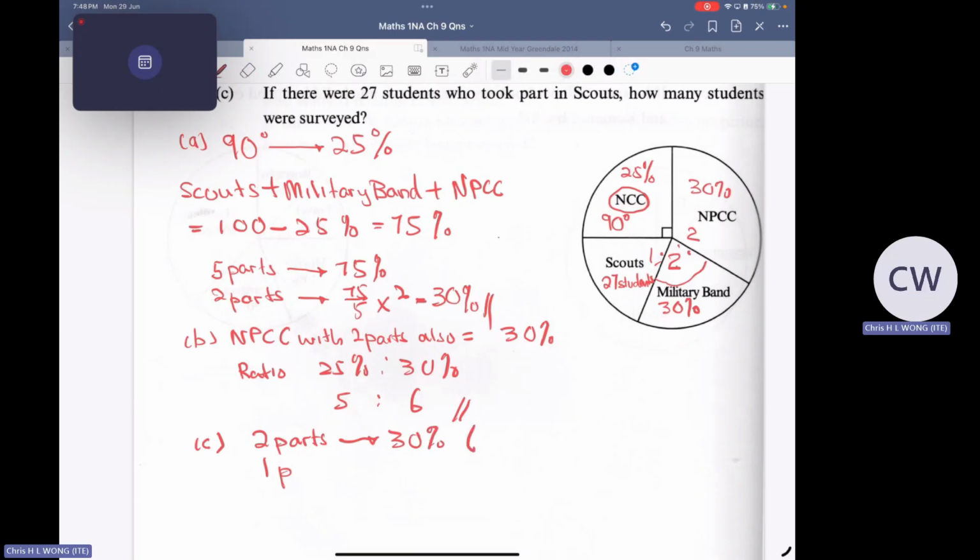This one is found from military band. Two parts is 30%. One part will be 30 divided by 2, give you 15%. So I put down here 15% found.